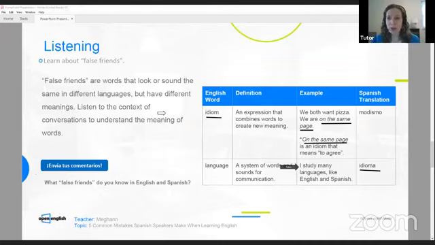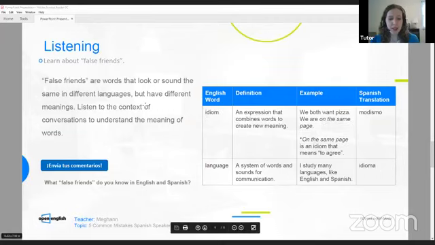So envía tus comentarios. What false friends do you know in English and Spanish? Do you have any ideas? Do you hear words that are similar in English and Spanish, but have different meanings? What do you think? I see many great examples here for words that start with the letter S. Good.